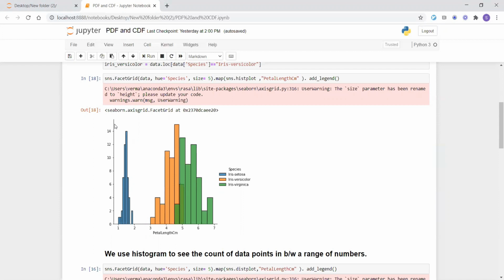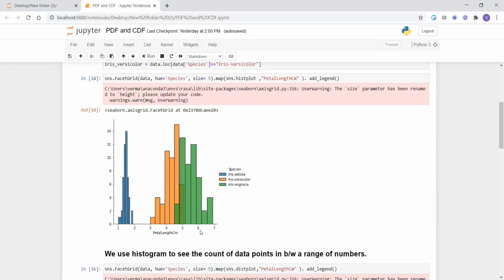From this histogram, if we take Setosa, we can tell that most of the flowers have a petal length of around 1.7, because most of the count of the flowers lies at 1.7. And if we take the example of Virginica, we can tell that most of the flowers have a petal length in between 5 to 6 centimeters. So this is the use of a histogram.